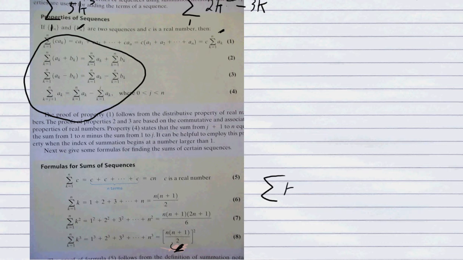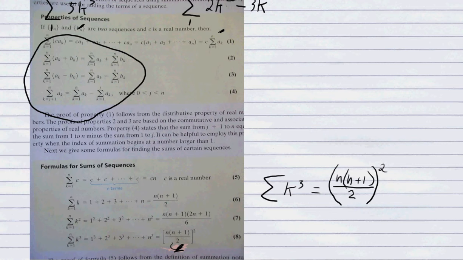A sequence with k to the third power is equal to n, the number of terms in the sequence, times n plus 1, all divided by 2, squared. Okay?